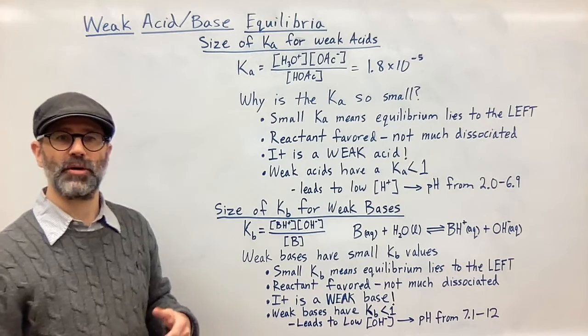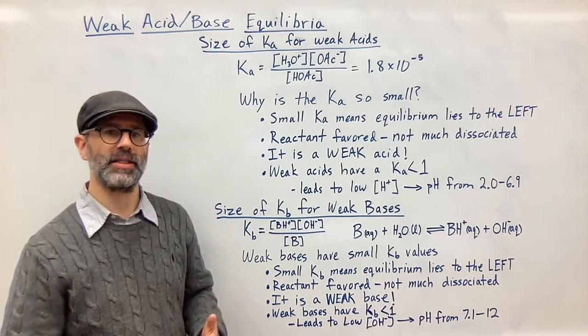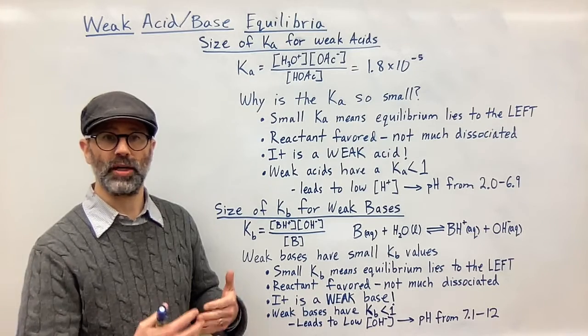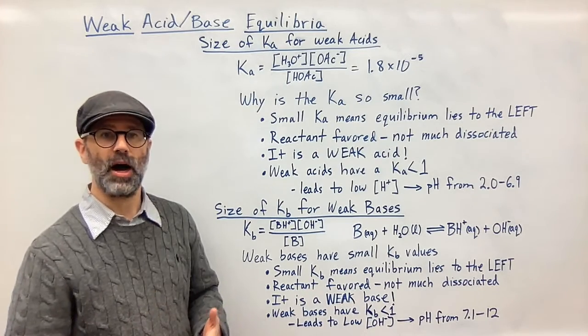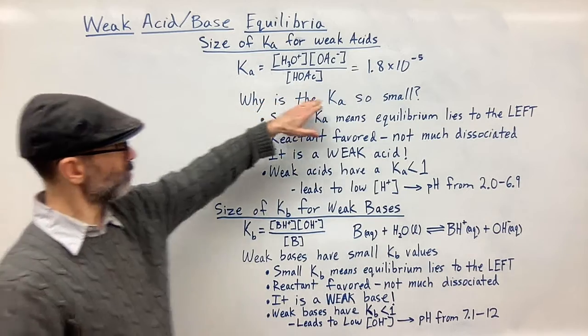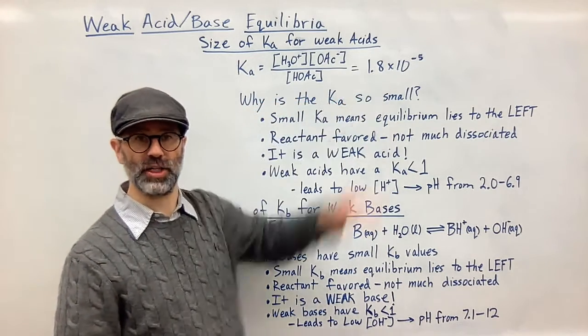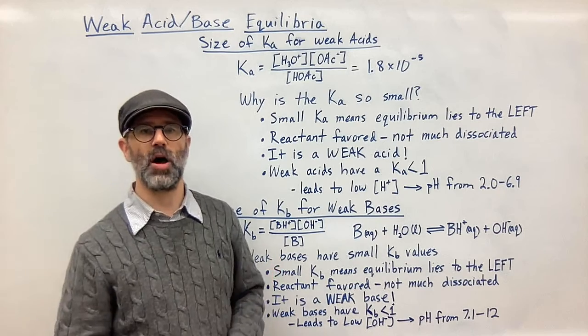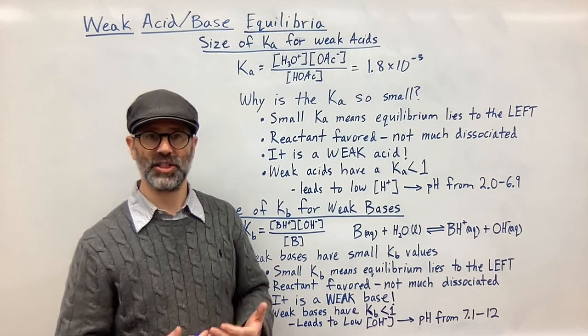Again, remember, the Ka value of an acid is its reaction with water. That's what Ka stands for. Here we see that the Ka value is 1.8 times 10 to the negative 5. That's very small, very much less than 1.